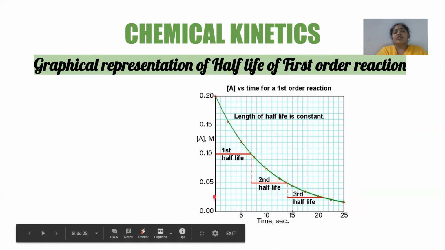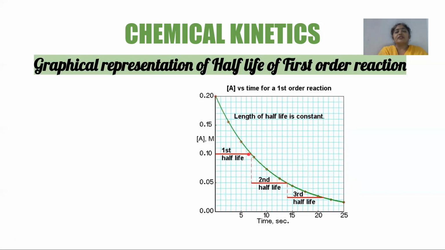Now when the concentration has decreased to 0.10, that means half the original concentration, the time required has elapsed from 0 to this dotted line. When you bring it down, okay, it comes to 7 here. That means the time required was 7 seconds.